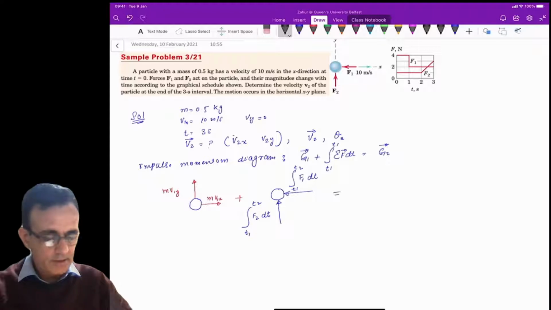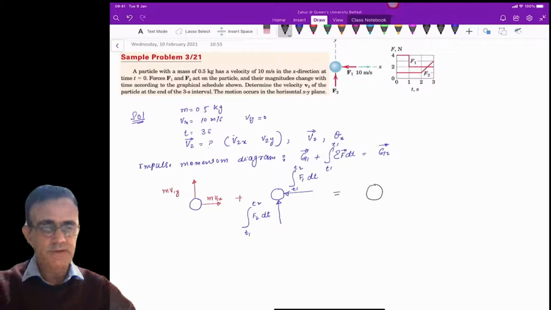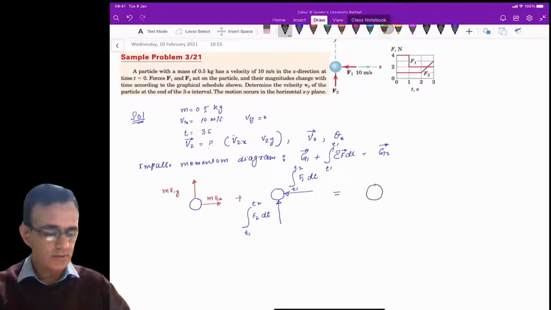And then finally we will have our final momentum, which is G2. And G2 again, we will split into two components, the X and Y components. The X component will be in this direction here, and the Y component will be in this direction here.